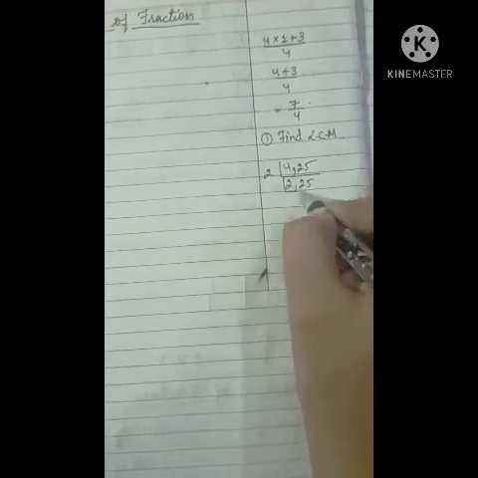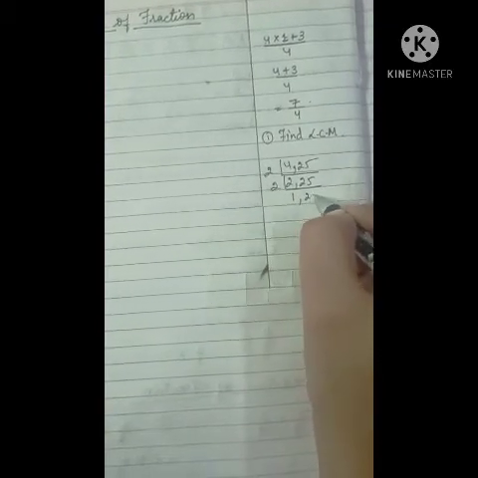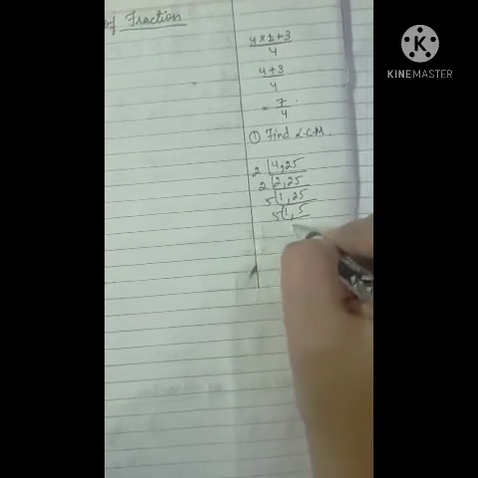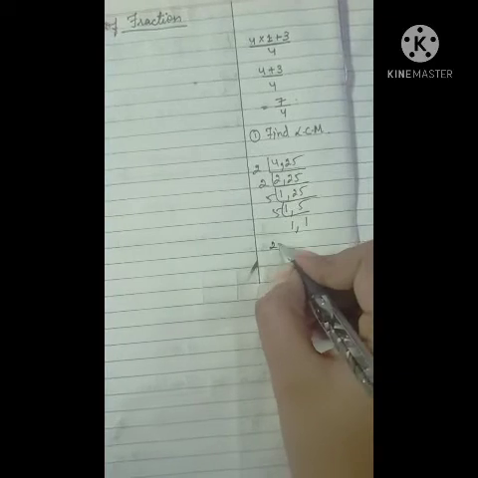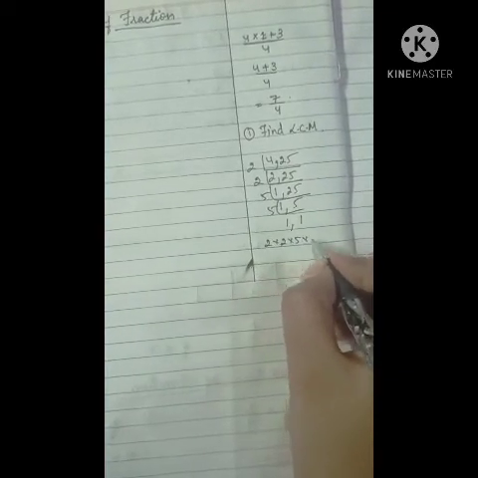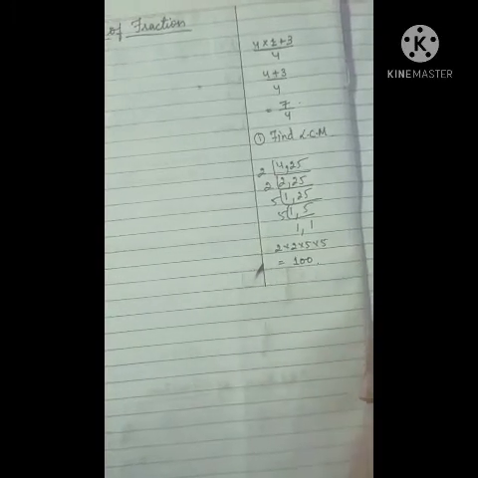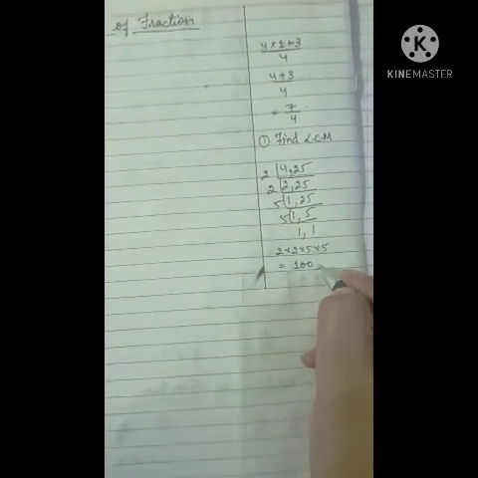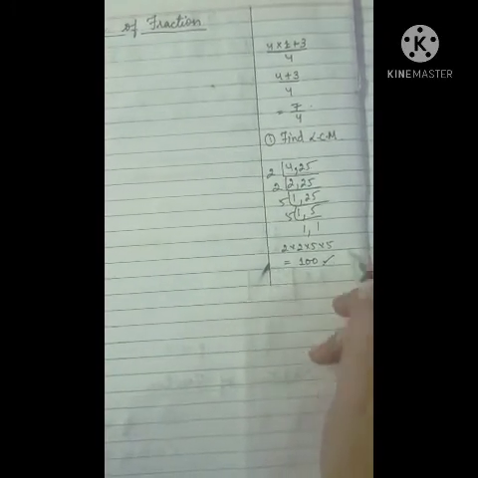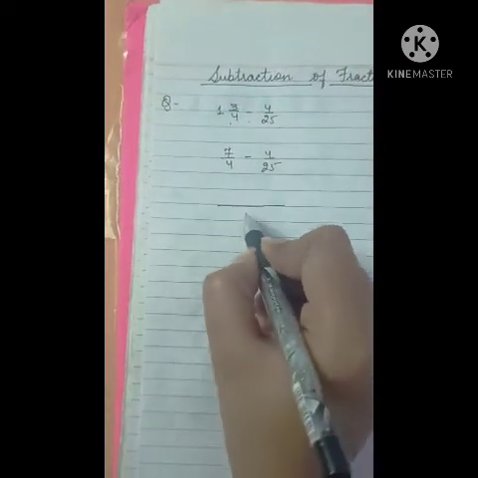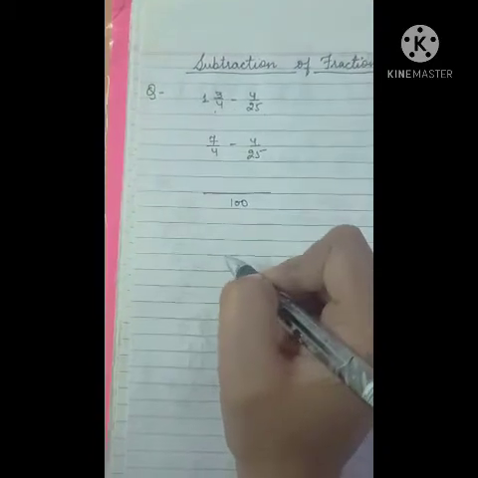We write 25 as it is. Then 2 1 times 25. Then 5 times, 5 1 times. So what would be the LCM of 4 and 25? It is 100. So whatever LCM we get, that will become the denominator. So we write here 100.